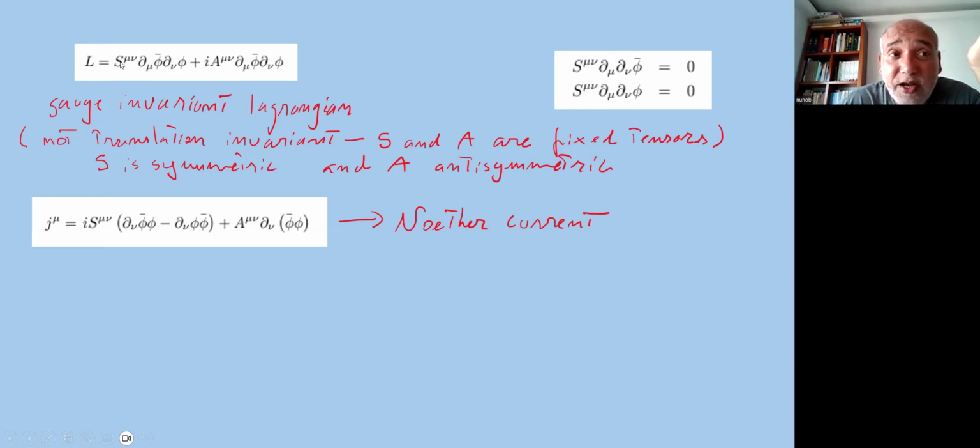You can define this one to be 1, 0, 0, 1, and this one to be 0, 1, minus 1, 0, for instance, and that's done. Then you just plug in, you can check that this action is real, and then you can plug in the gauge transformation, it goes out of the derivatives, and it is invariant. You don't need any sophistication to understand this. It's the simplest that you can look at.